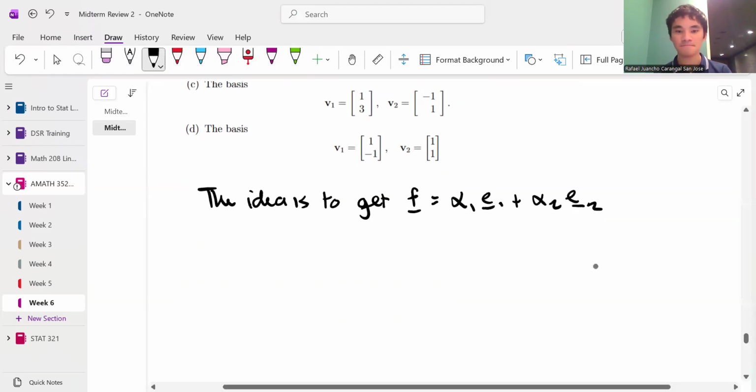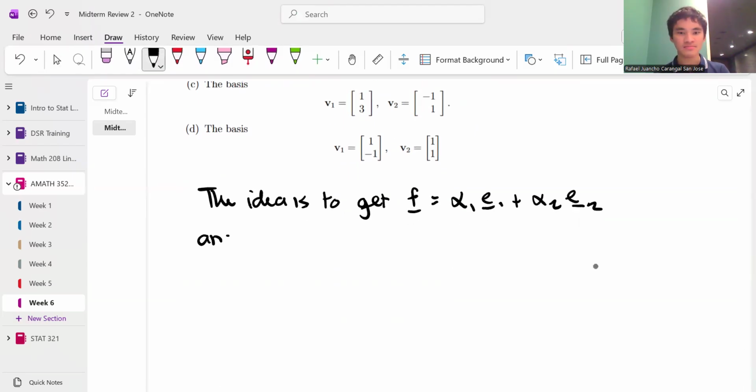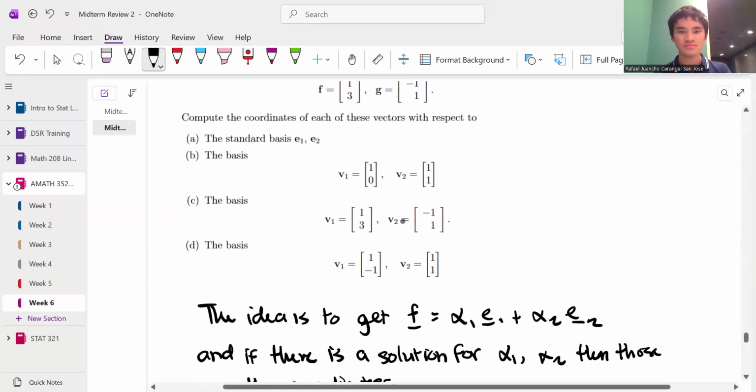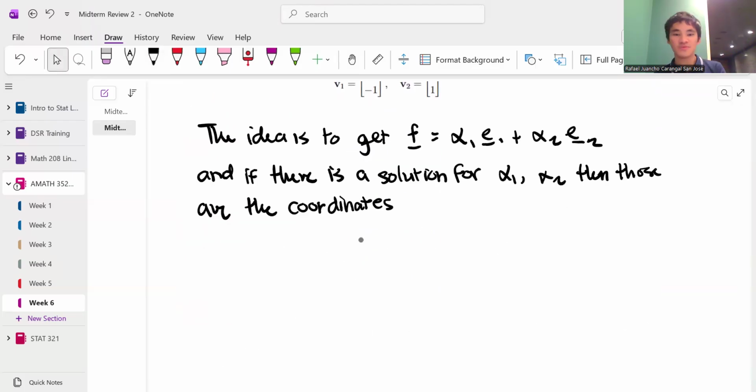And if there is a solution, so if there's a number for alpha 1 and alpha 2, then those are the coordinates with respect to what we have. So let's try.